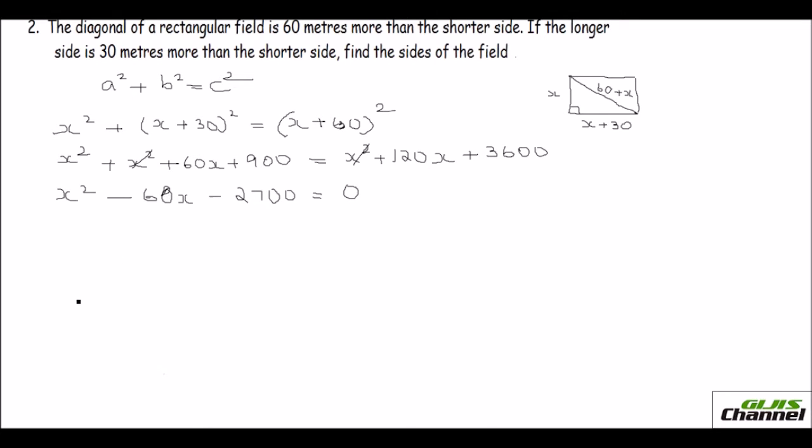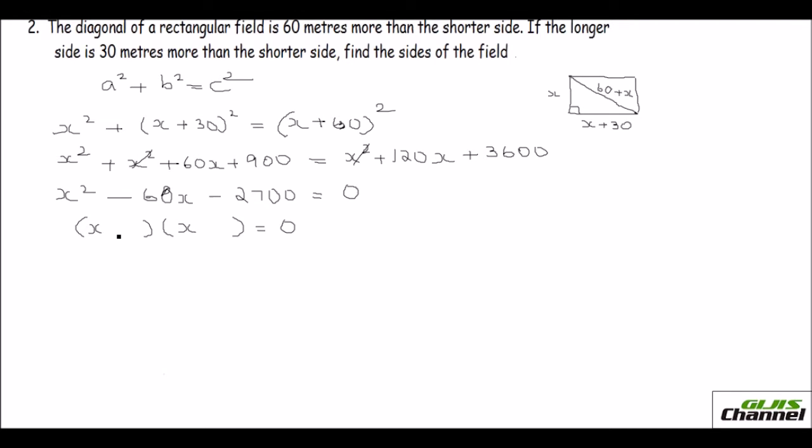Okay. Now, how do we do this? We need to factorize. You can use the formula or the least square, anything as you like. So here, I split the x square as x and x. What are the possibilities to get 2700 when you multiply two terms, and while adding you should get minus 60, right?